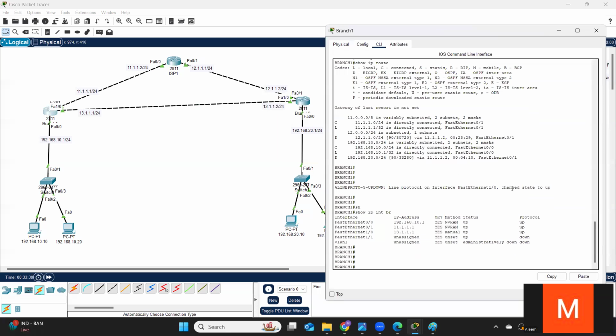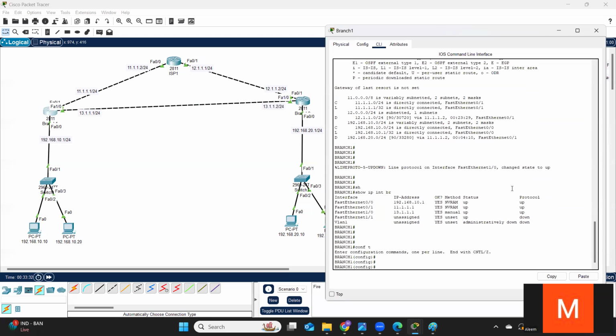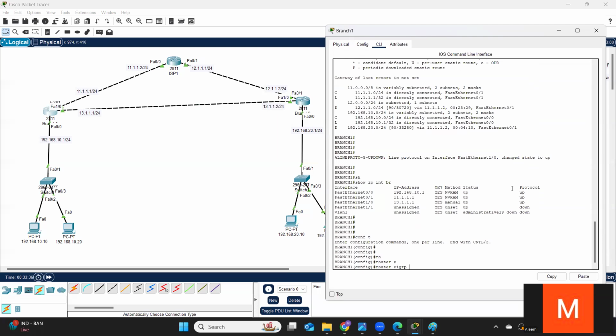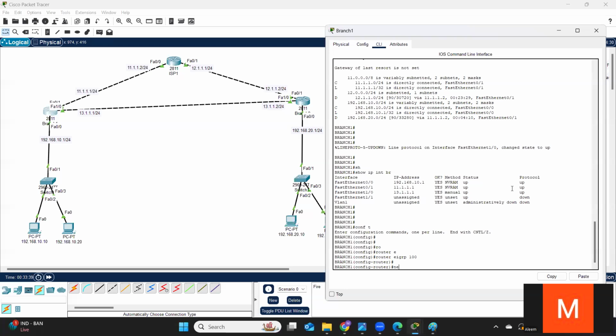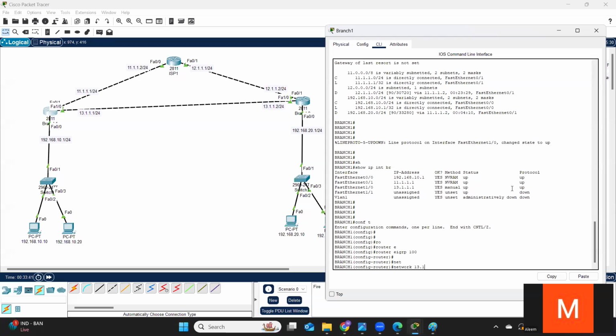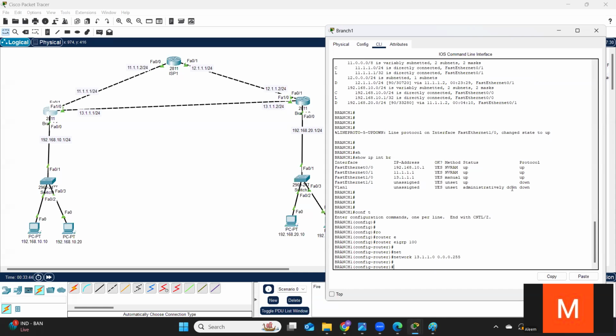Config t, router eigrp 100, and network 13.1.1.0 with wildcard mask 0.0.0.255. Hit enter.